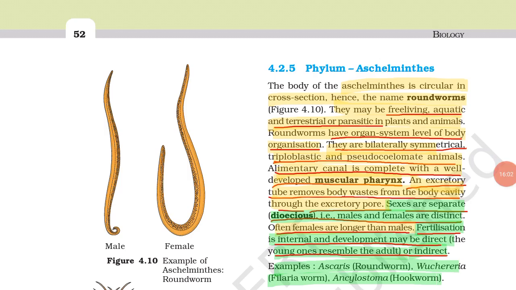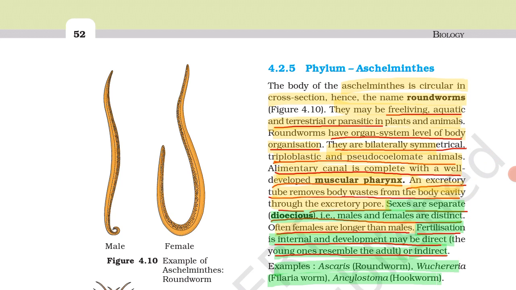Phylum Aschelminthes. The body of Aschelminthes is circular in cross section, hence the name roundworms. Whenever we cut the body, it shows a circular cross section, hence the name roundworms.